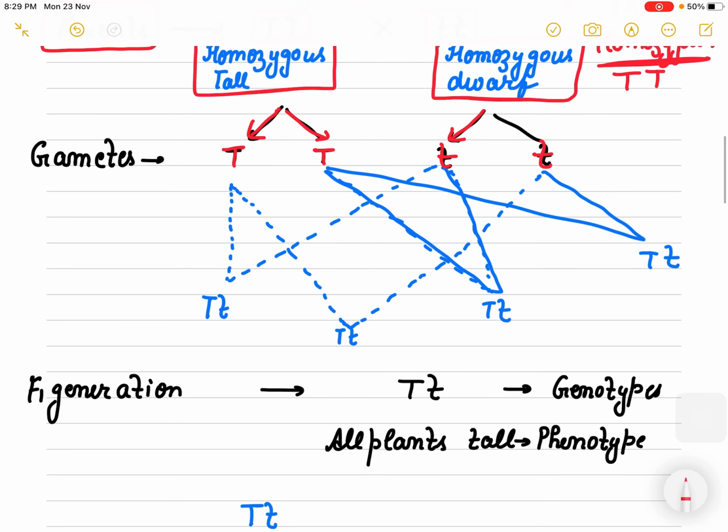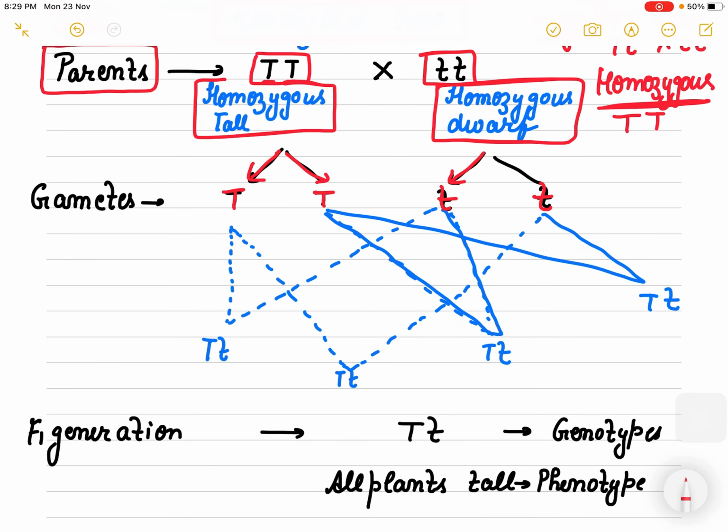Now when they are crossed together, the gametes are formed, and after the gametes there will be reproduction, right? When they cross, this capital T will combine with this small t.